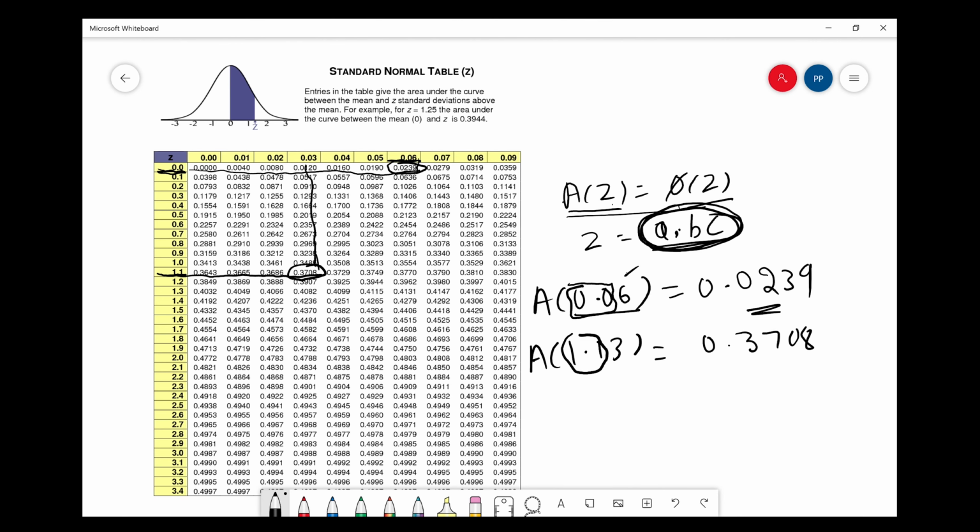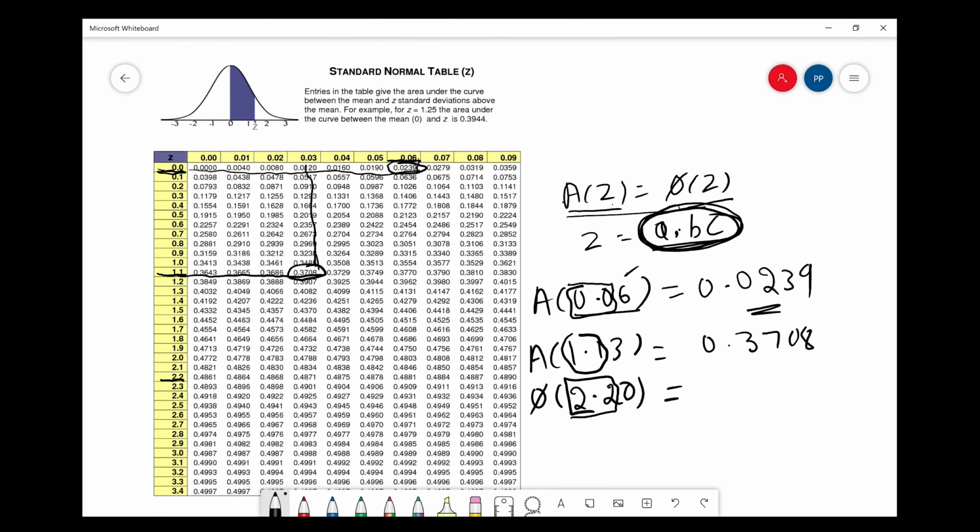Okay, so I'll take one more example, then we'll move on to the problems. Now, suppose we want phi. Phi and A are two different notations. Let us find out phi of 2.20. Now, consider 2.2. Look for that value in the first column.